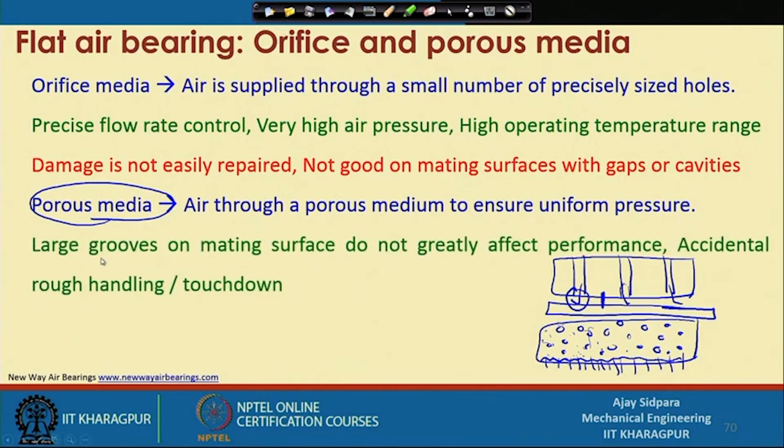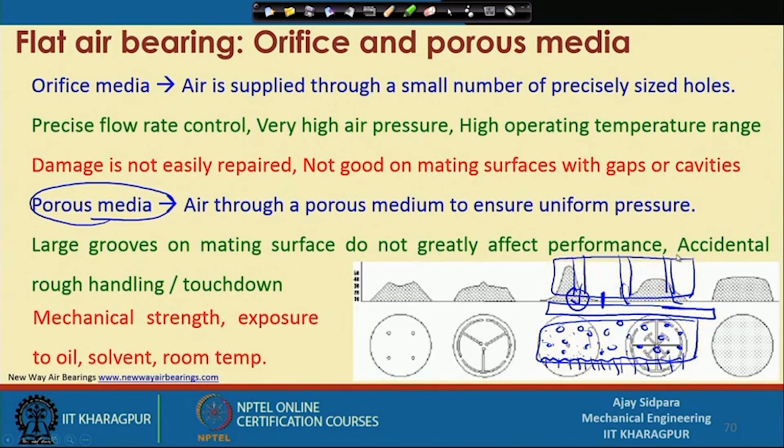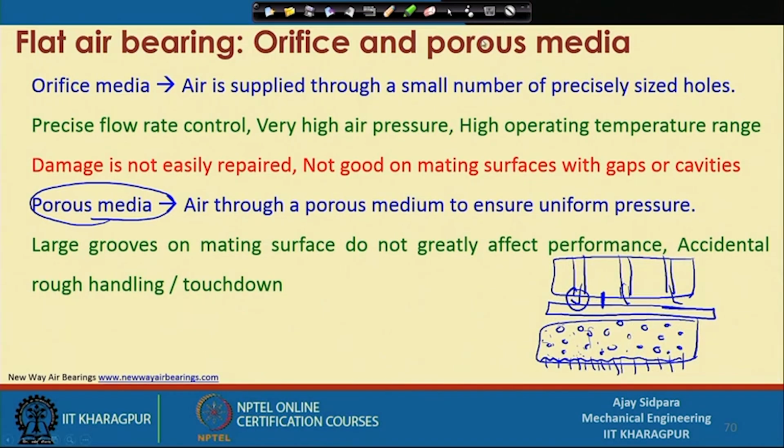What are the advantages? Large grooves on the mating surface do not greatly affect the performance, because we know there are different types of contacts. Now, if this is bending and you put a workpiece here, then the load is uneven, so this particular part will touch the surface.